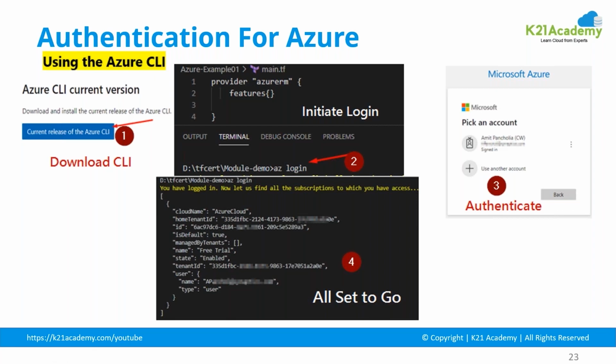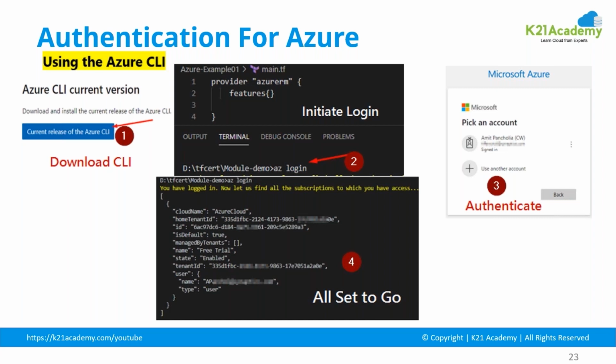Once you have downloaded it, directly from the command line interface you can authenticate, and that is the best approach, because that is not going to save your credentials at any place. It is like you're logging in to your Microsoft account from the console, and that is going to authenticate it, and your Terraform will be all ready to work.